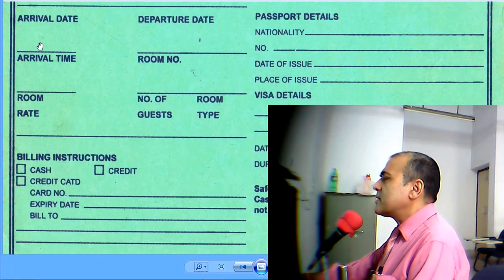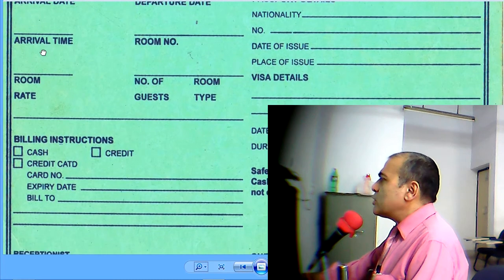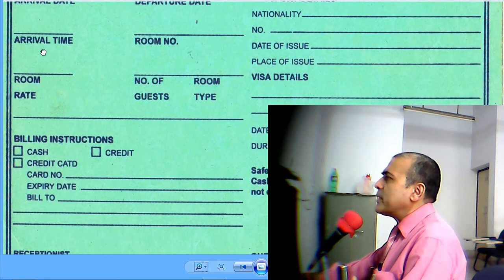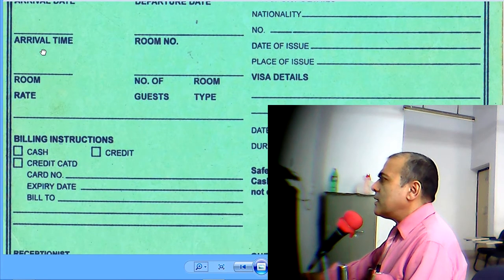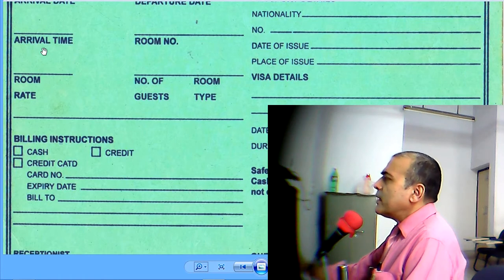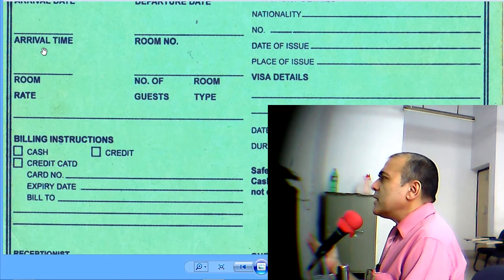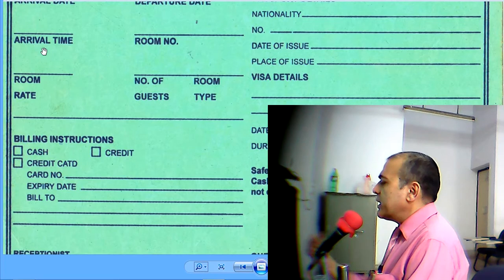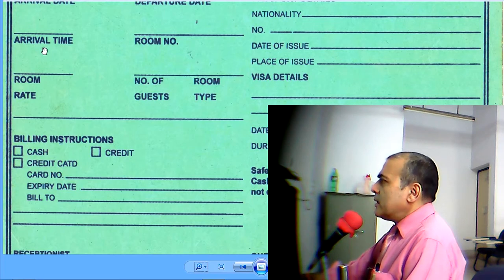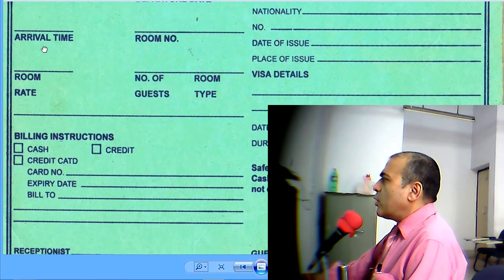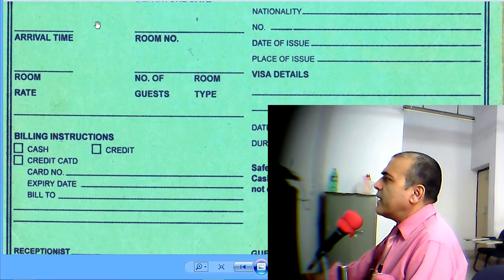A walk-in guest is somebody who comes without prior reservation. So if a booking has not been guaranteed through advance payment, then the hotel is permitted legally to allot that room to anybody who comes in as a walk-in guest after 6 p.m. So this timing must be confirmed to avoid any inconvenience and any confusion for the guest.